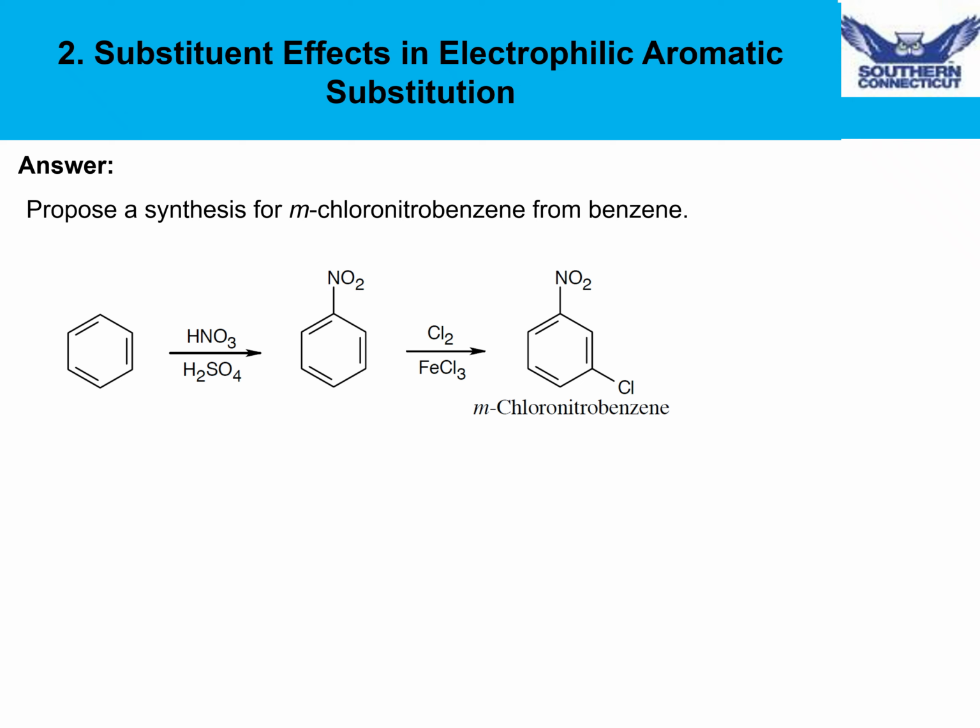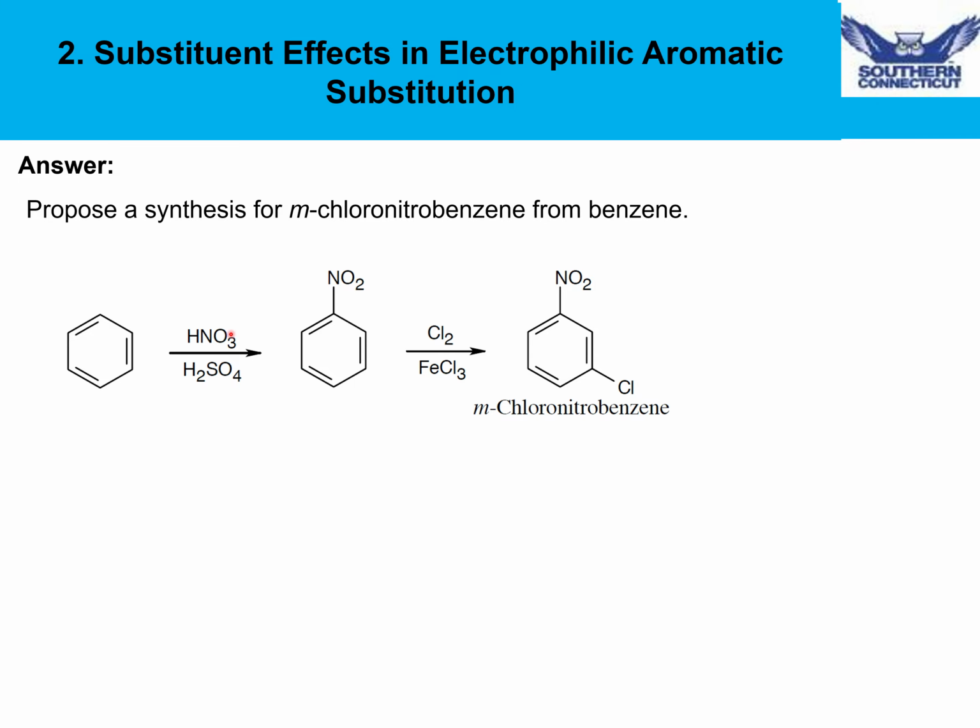Often when we do one of these synthesis examples involving a substituted benzene compound, we want to think about what each functional group does in terms of directing the new substituent. And so we want to obviously do a nitration and a chlorination, but we have to choose one of them first, perhaps, since the other one may lead to the wrong isomer product.